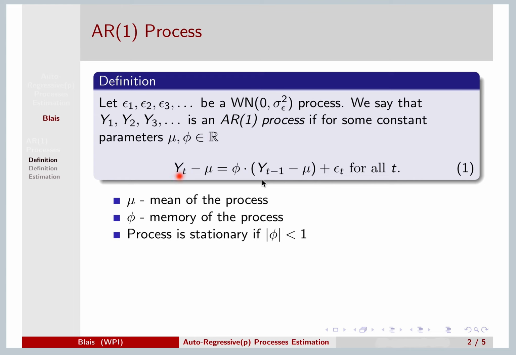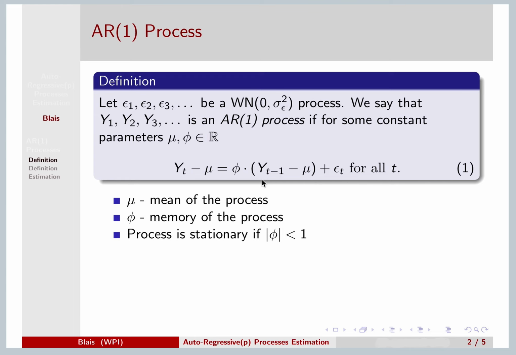how the value of y_t differs from its mean mu today equals some random term coming from the white noise, representing the effect of new information, plus some piece, think of phi typically as a percentage, some percentage of how y differed from its mean yesterday.